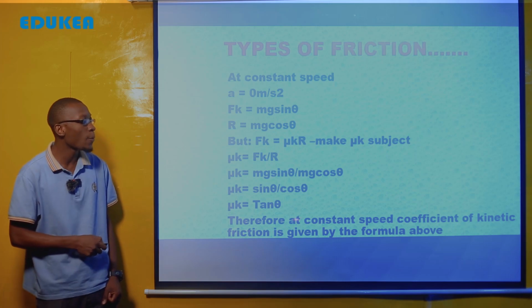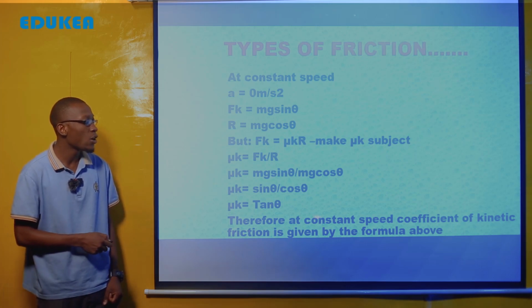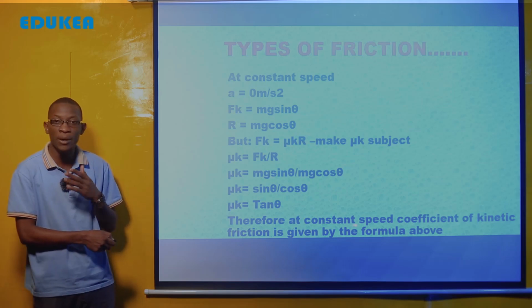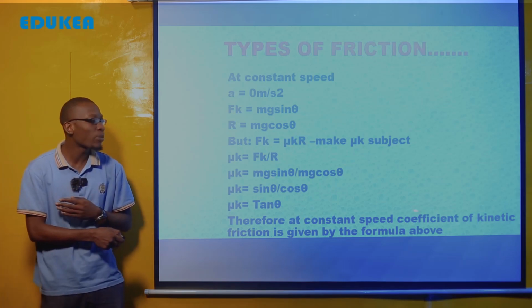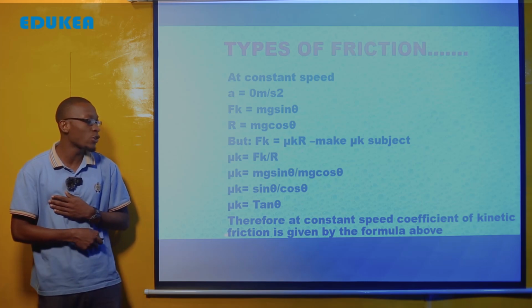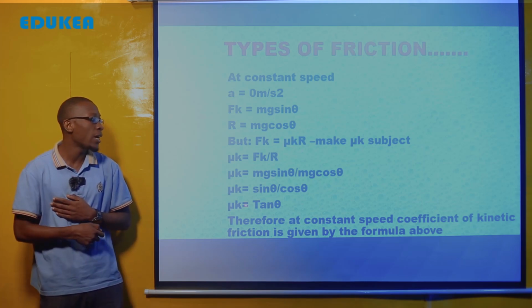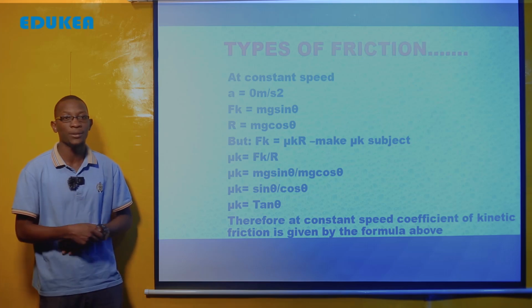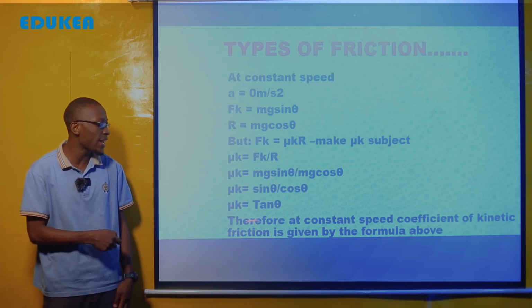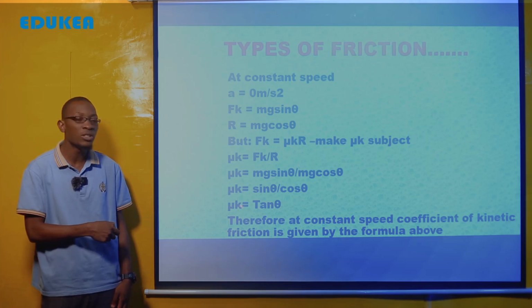Therefore, at constant speed, the coefficient of kinetic friction or coefficient of dynamic friction is given by the formula equal to tan theta. So whenever you see this, the coefficient of kinetic friction is equal to tan theta.